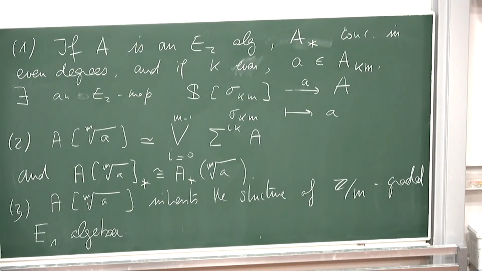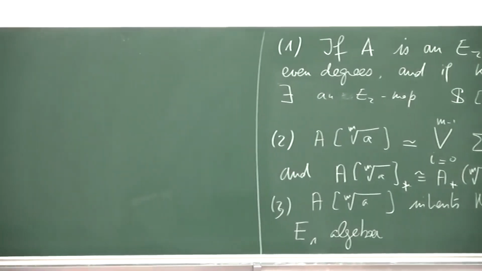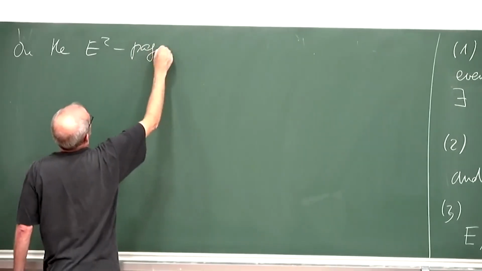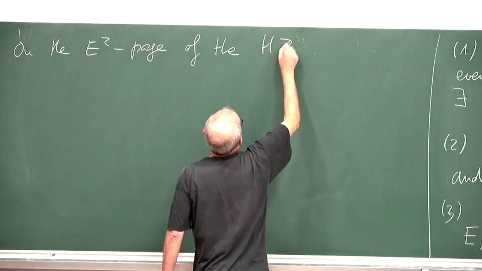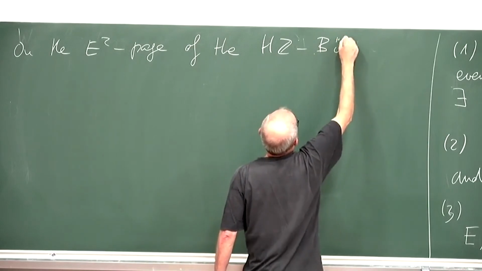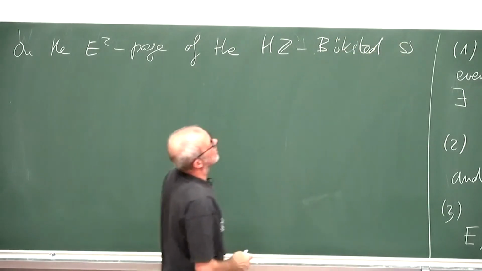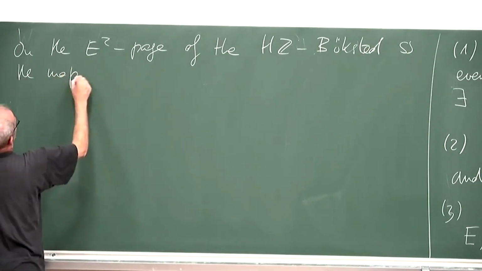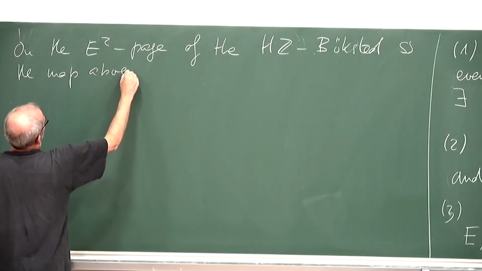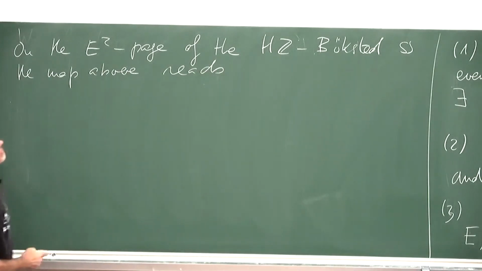So this map that you have up here, on the E2 page of the HZ Bökstedt spectral sequence, the map above reads, well, it's pretty easy.